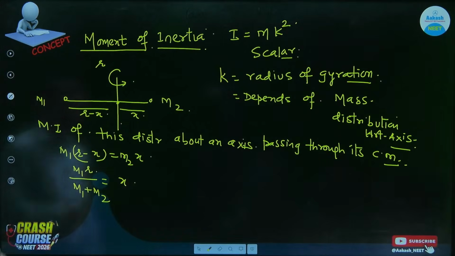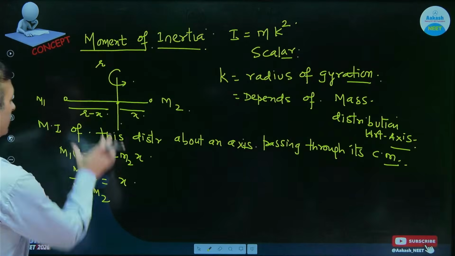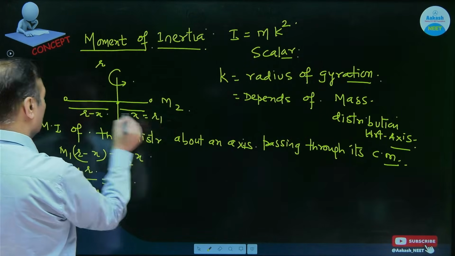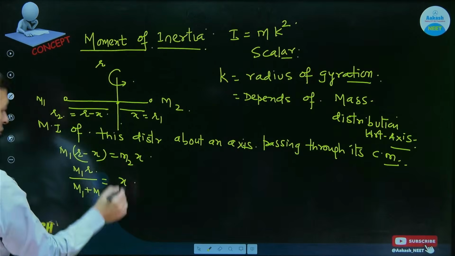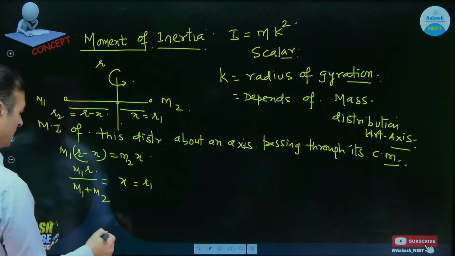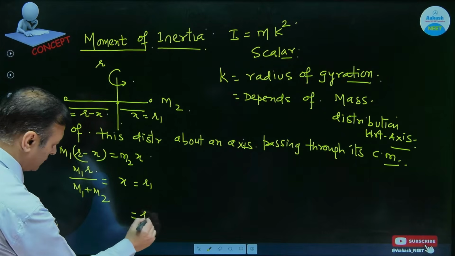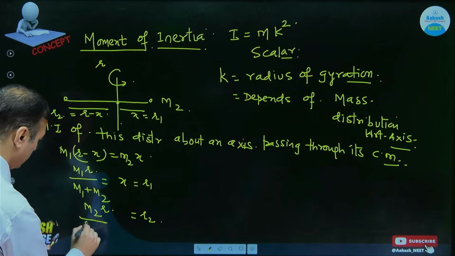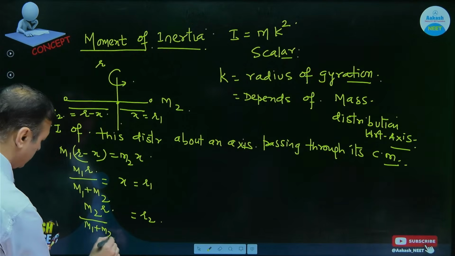Let's call one distance r1 and the other r2, and that comes out to be m2 r by m1 plus m2.